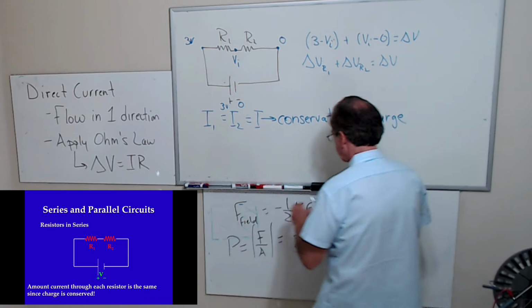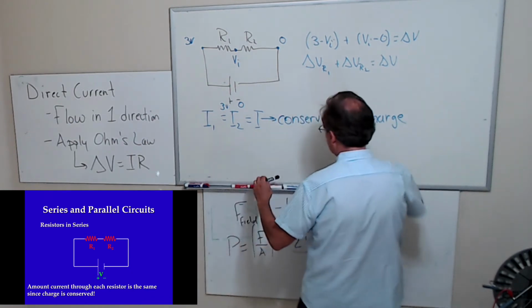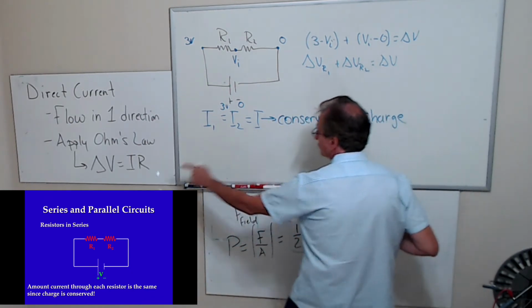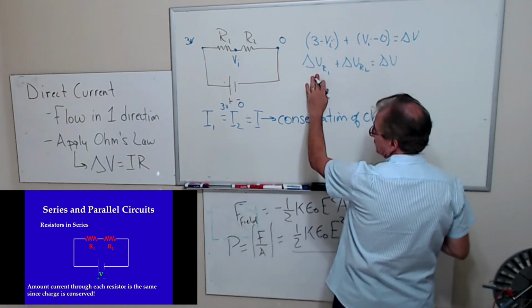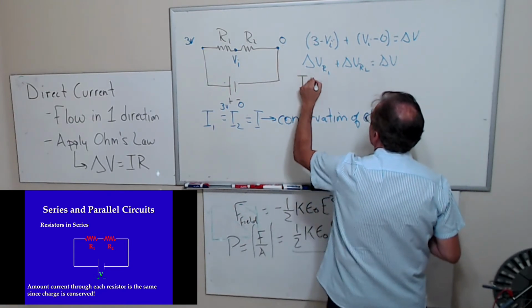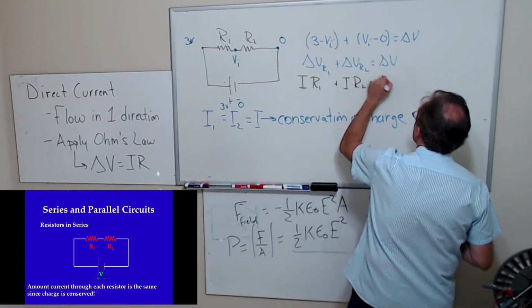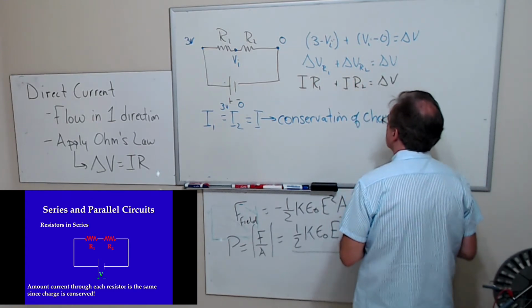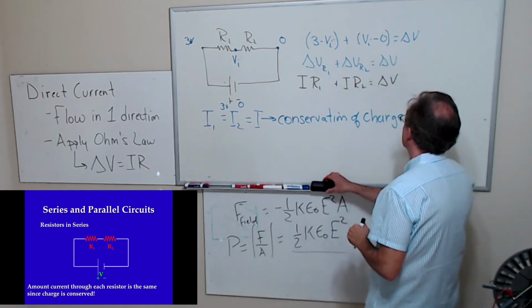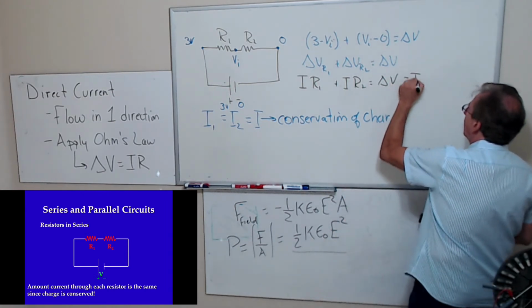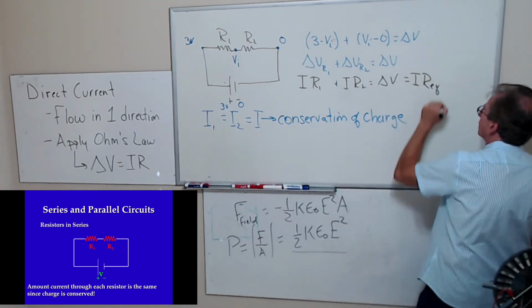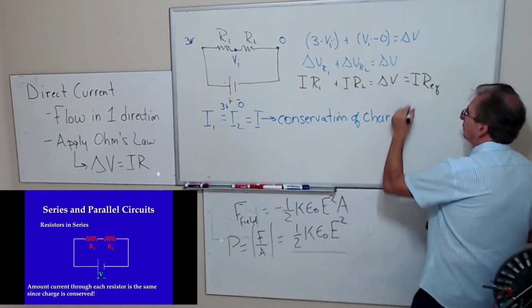So, having said this, I can use Ohm's law to write this. I can write I times R1 plus I times R2 equals delta V, which I can write as I times R equivalent. Well, look, all the I's cancel.